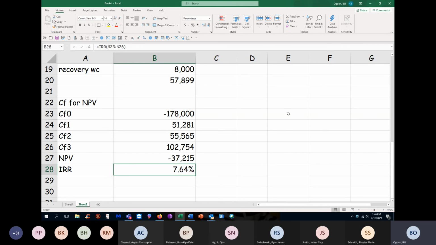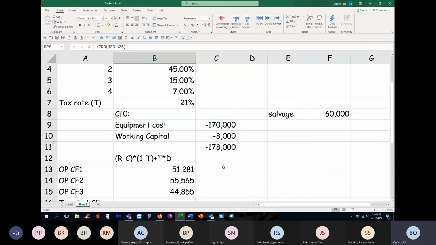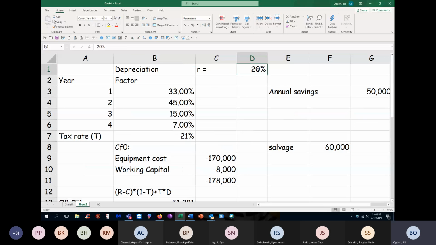Now, a question I ask in the lecture notes is, what would the cost of capital have to be such that we would accept this project? And I hope you can see it has to be 7.64% or less. So if I come up here and change this cost of capital, say to 6%, what will happen? I will find myself with a positive NPV, won't I?